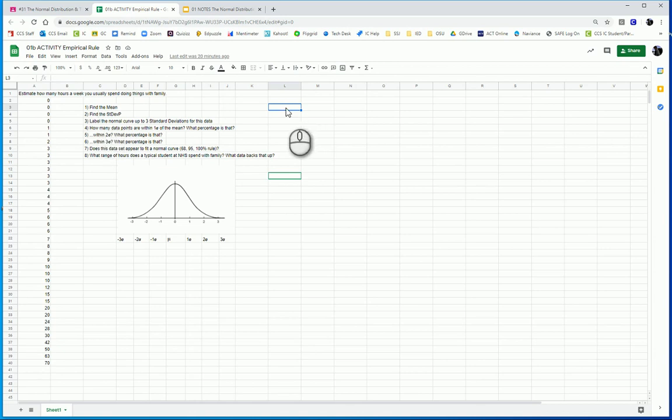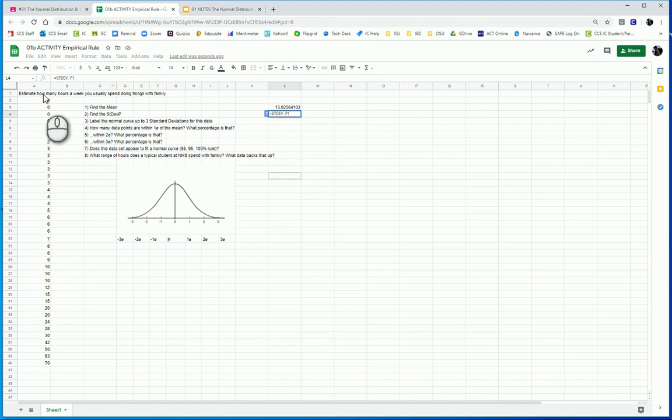We know how to find that. Equals average. And we want to select all our data. There we go. A2 to A40. Boom. That's the mean. And then we want the standard deviation population. So equals stdev.p.